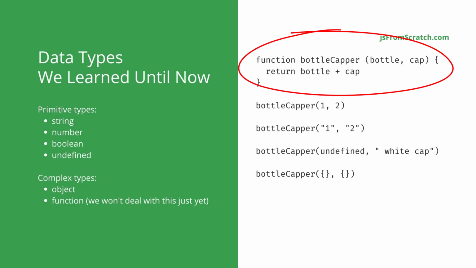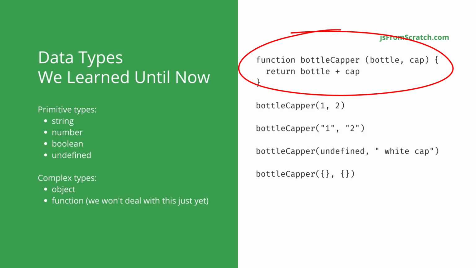Some primitive data types, namely string, number, boolean, and undefined, and some complex data types, namely objects and functions. We won't discuss the significance of the function data type at this point. I'll leave that for later for the sake of clarity of what I'm showing you right here.